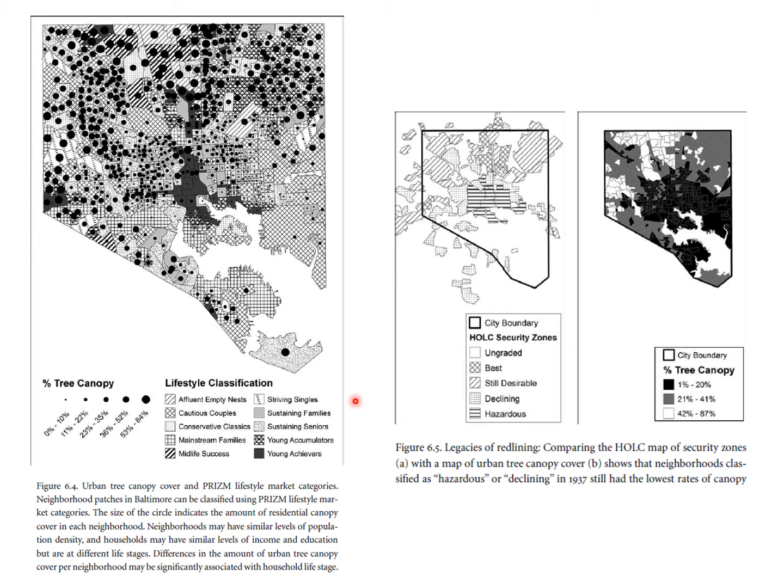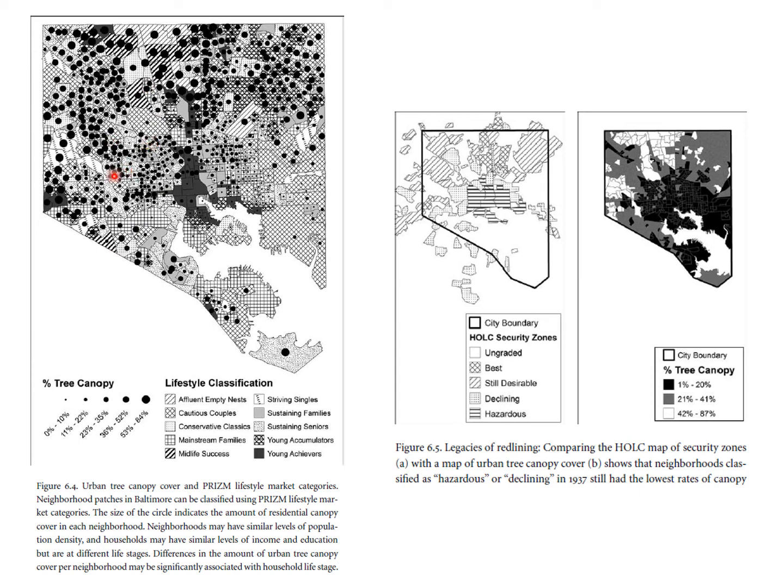So if we look at some of these maps that they created, here we can sort of see the map version of the ecology of prestige, where you can classify these patches into lifestyle characteristics or classifications, and that corresponds to how much tree canopy cover they have in those patches.